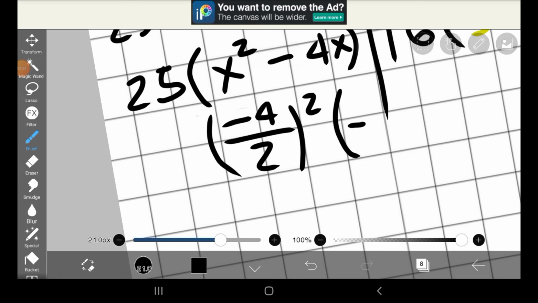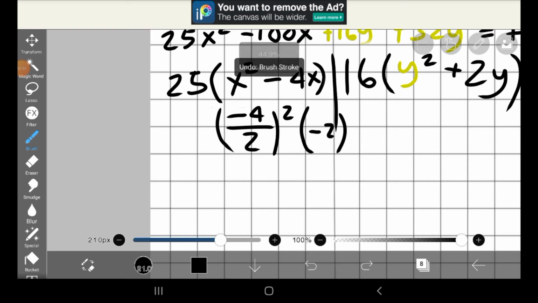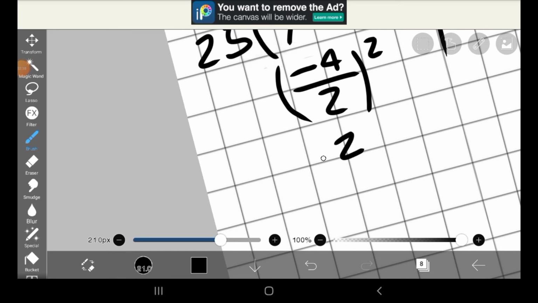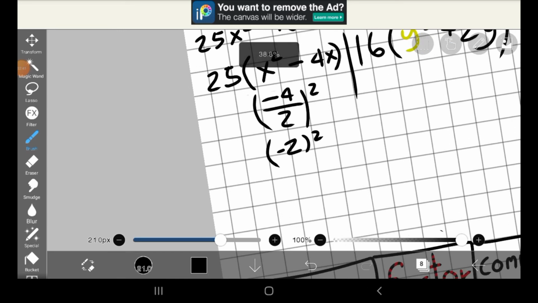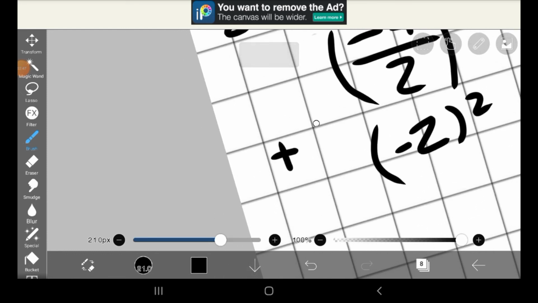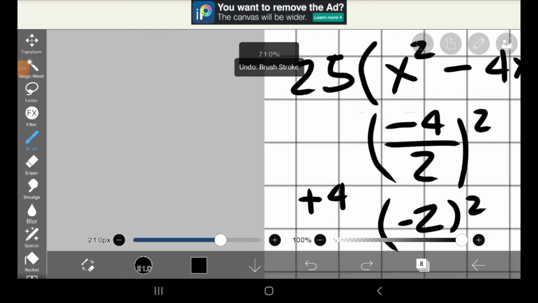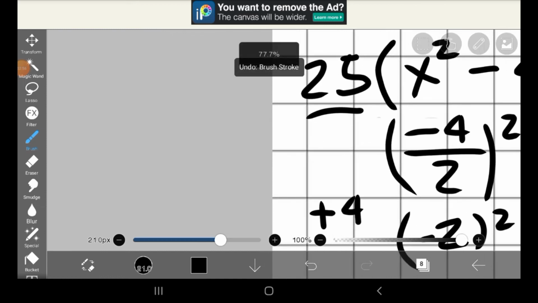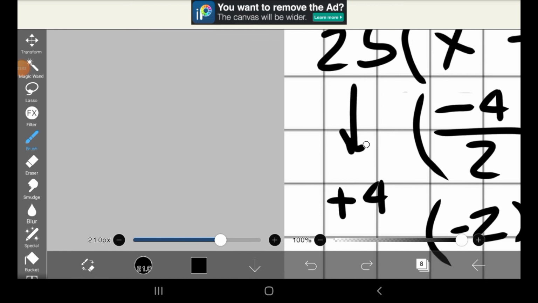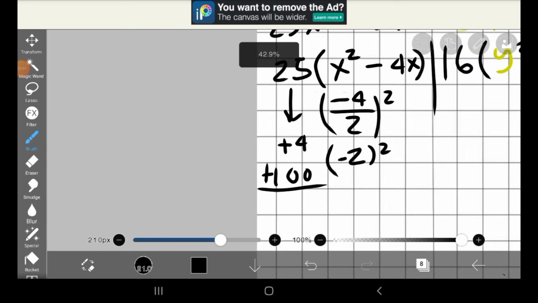The answer is negative 2 squared, which is positive 4. The difference here is that the 25 will be used, it won't disappear. So 25 times 4 is 100. So this is the answer, 100.